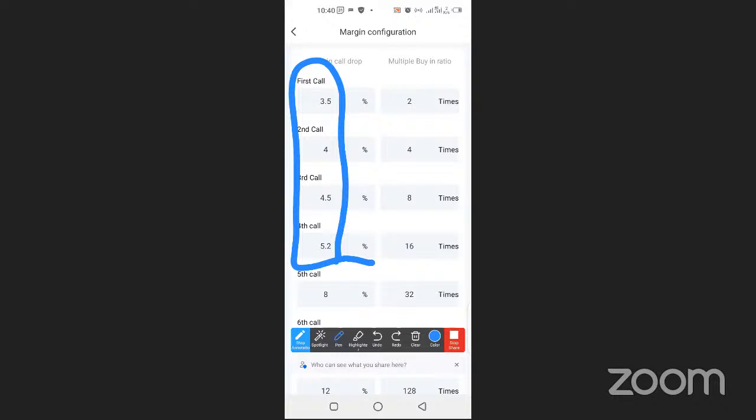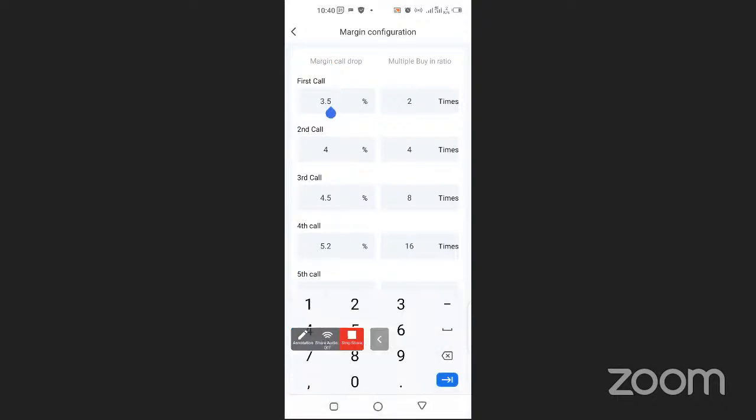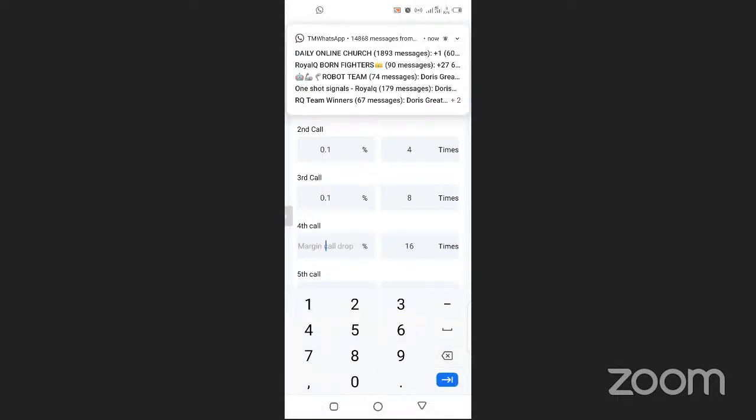Now, if you are setting, your goal should be giving a little percentage, all right? How, Julius? Okay. I can tell my robot to buy at 0.1, 0.1, 0.1, 0.1.